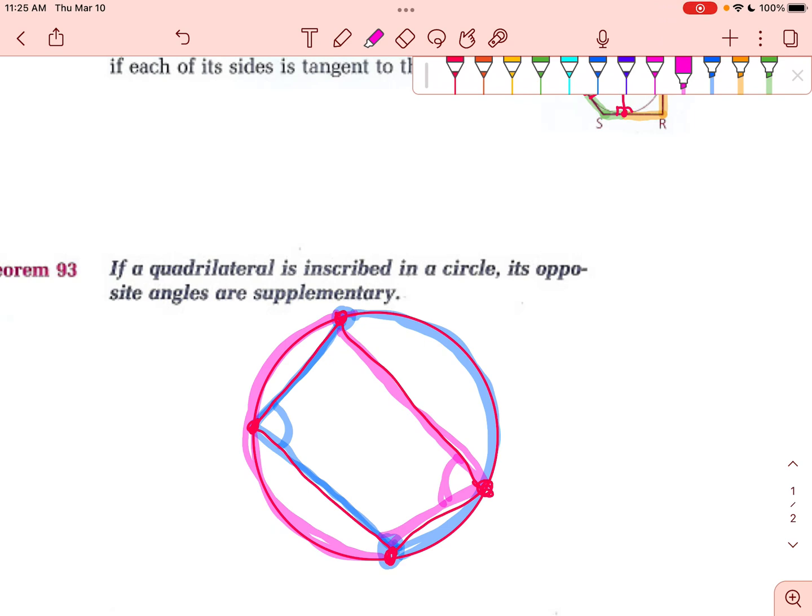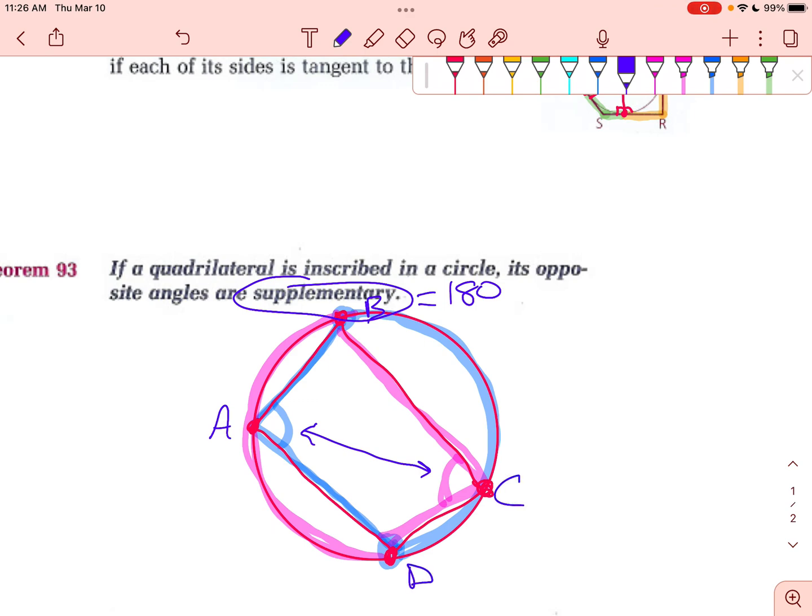Because these opposite arcs create 360 degrees, the opposite angles, because they're inscribed, have to be half that, or 180 degrees. So if a quadrilateral is inscribed in a circle, then the opposite angles have to be supplementary to each other. That is also true for angle B and angle D.